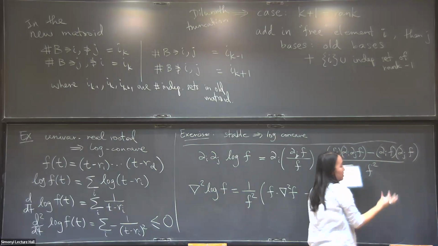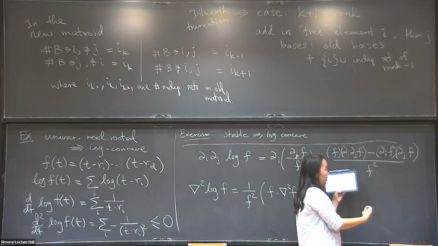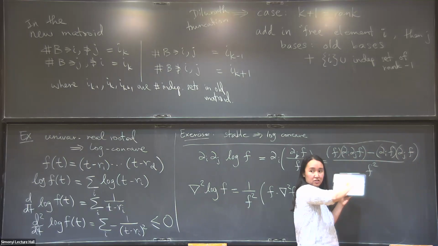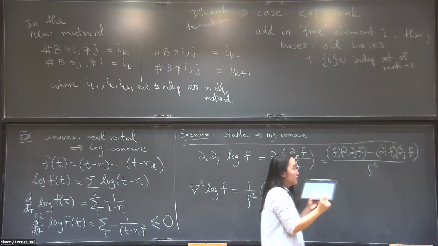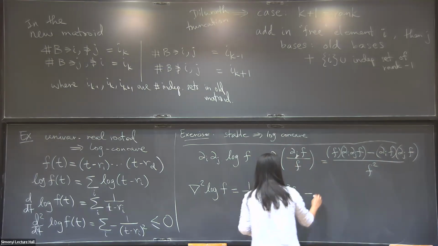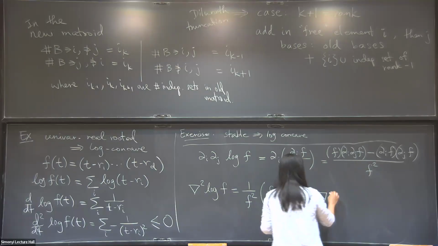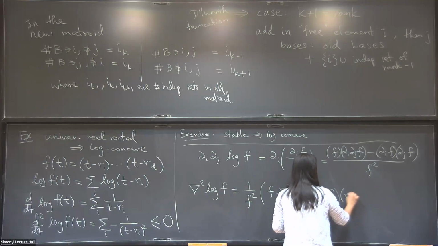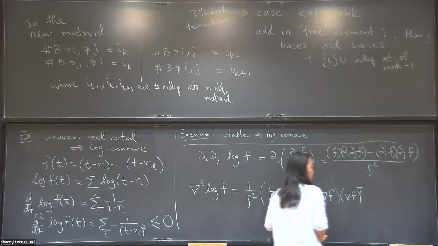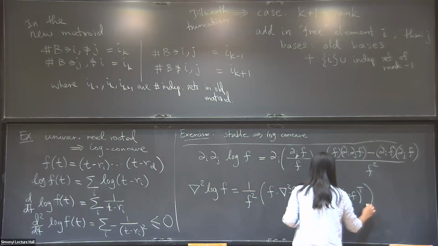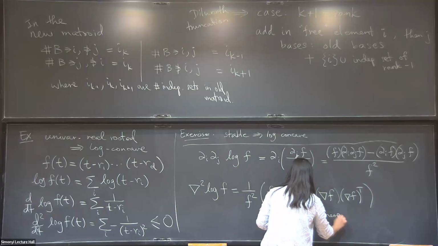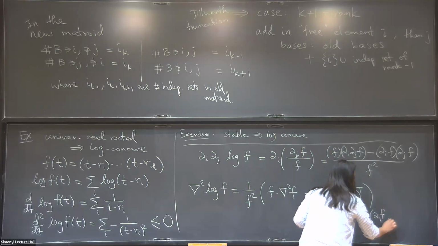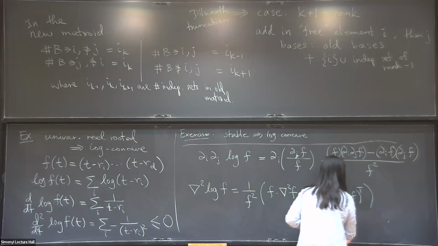Each entry is partial i times partial j of f. So it looks like a column vector times a row vector. These are called the gradient. So this is a column vector times the row vector, where the gradient is just the vector of partials.